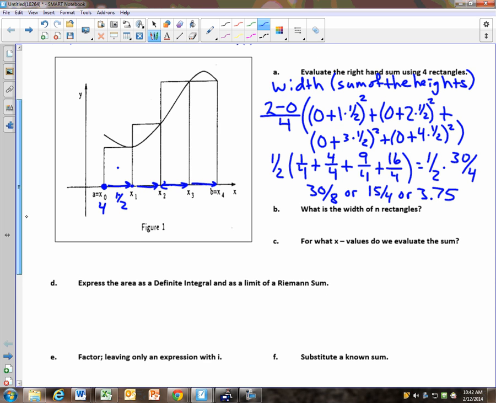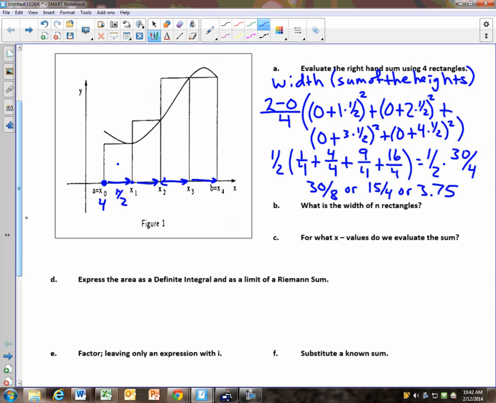Okay. We understand the process for doing a right-hand sum. Now, let's write it so instead of doing 4 rectangles, let's do n number of rectangles. What is the width for n rectangles? If the width for 4 was 1/2, what is the width for n?